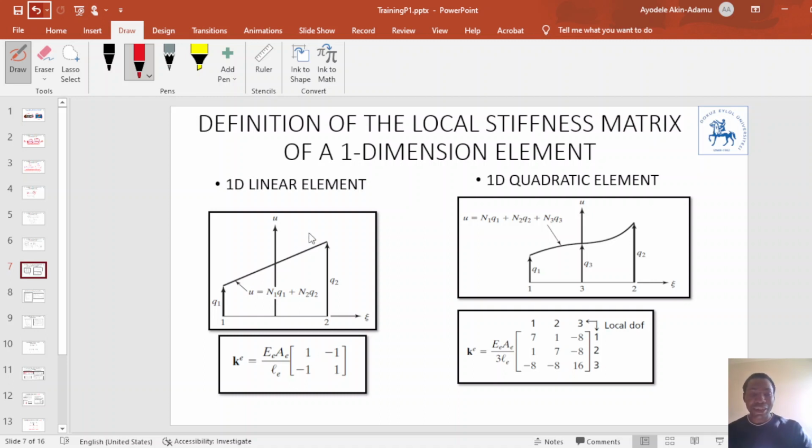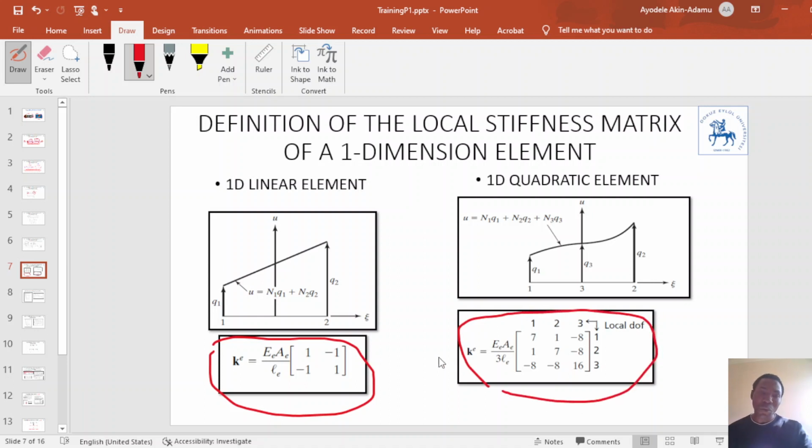For the linear element, the local stiffness matrix is defined by this, a 2x2 matrix, while for the quadratic element, the local stiffness matrix is defined by this, a 3x3 matrix. The linear element has 2 nodes, a start node 1 and an end node 2. The quadratic element has 3 nodes.